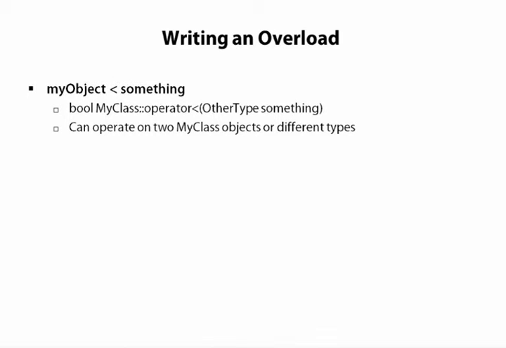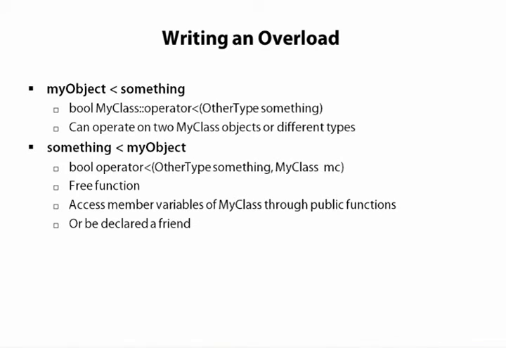Very common for the comparison operators that they just take the same type. So you compare two dates, compare two orders, compare two deals. But the compiler won't stop you from comparing a date to a string if you can figure out a smart way to do that.